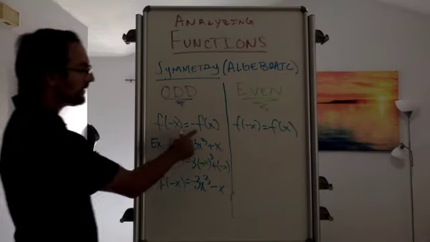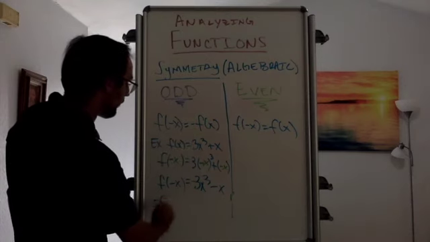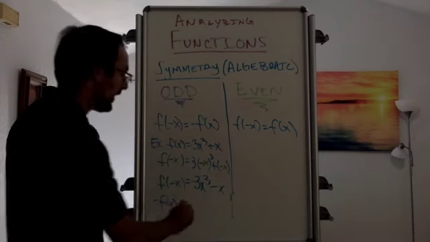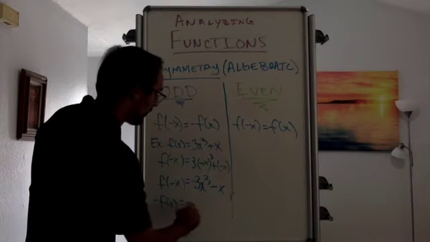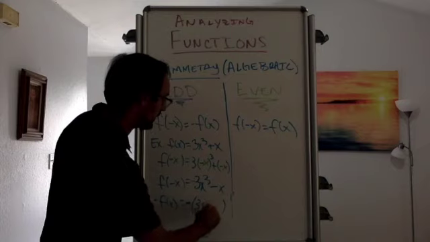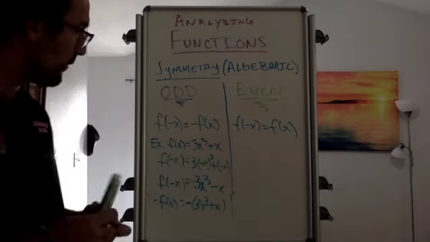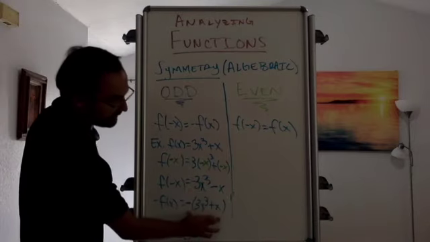Now, is this the same thing as negative f of x? Well, let's see. Negative f of x is the same thing as the negative of my function. My function was 3x cubed plus x. So basically this last step is asking me, is this the same as this?